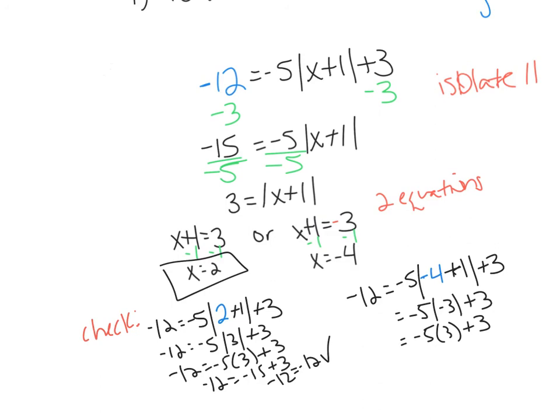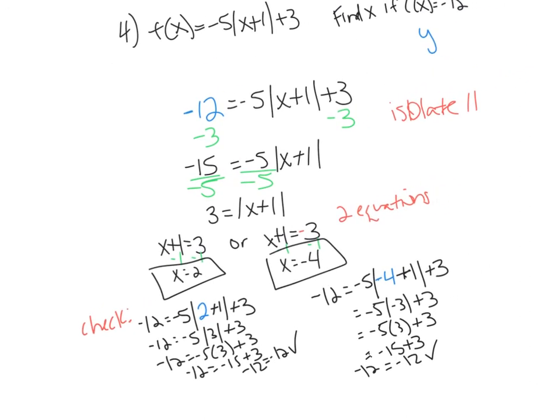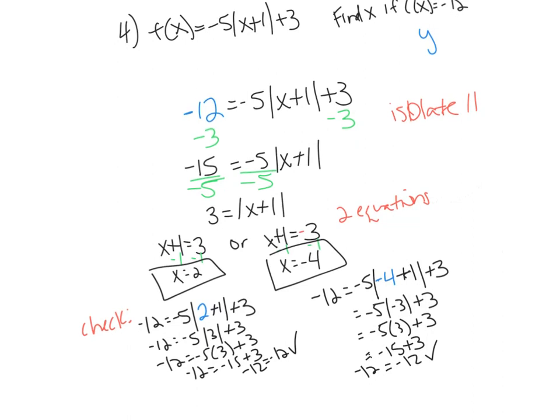Negative 5 times 3 is negative 15 plus 3. And we get negative 12 equals negative 12. Checks. Box our answer. So for this problem, x has, again, two answers: x equals 2 and x equals negative 4.